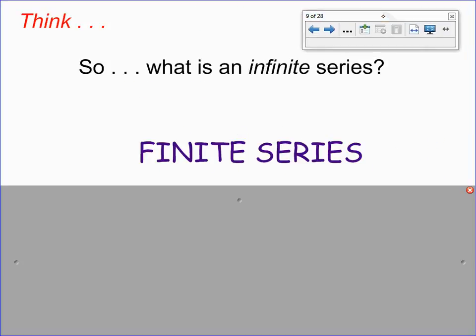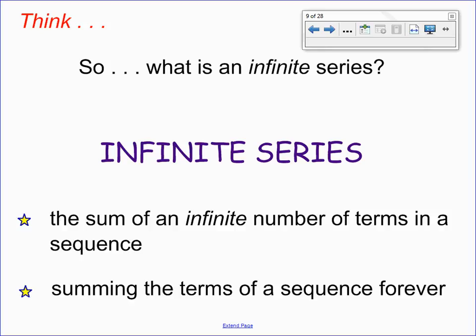So then, what is an infinite series? I heard you guys talking about this the other day. Well, if we extend our sum beyond a certain number of terms and continue summing to an infinite number of terms, that's the sum of an infinite number of terms in a sequence. We continue summing the terms of a sequence forever and ever.